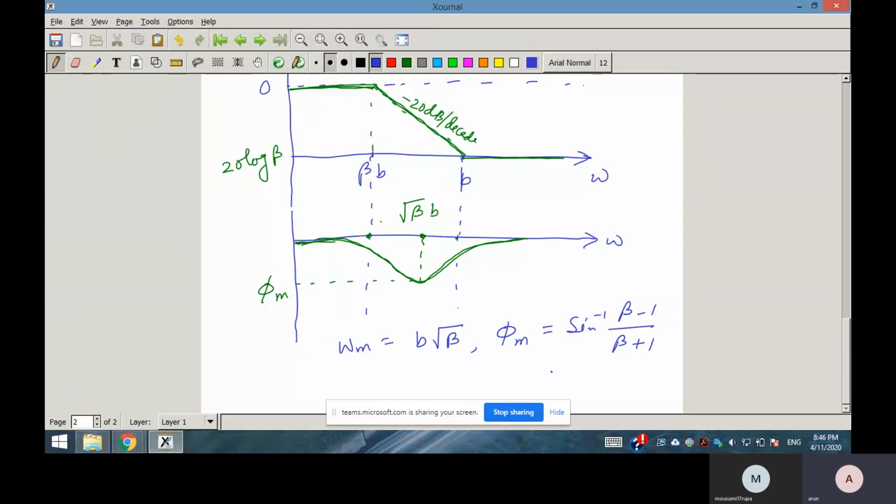So this also you can write, this is equal to minus sine inverse of (1 minus beta) divided by (1 plus beta), where beta is less than 1. As beta is less than 1, this implies that phi m is negative.